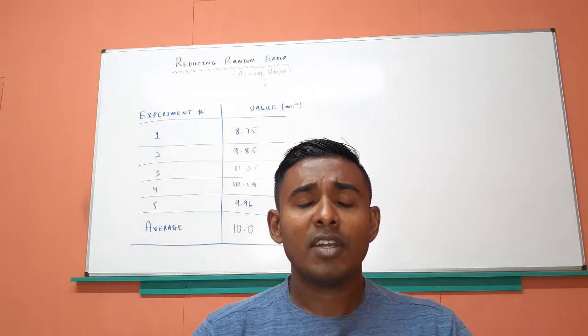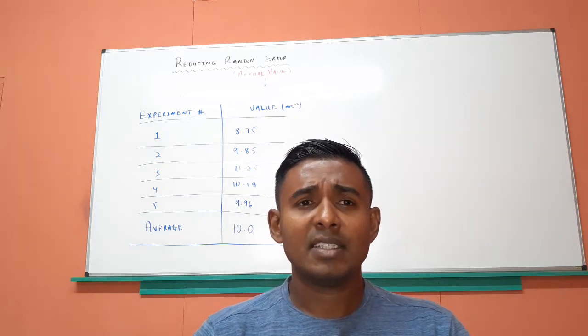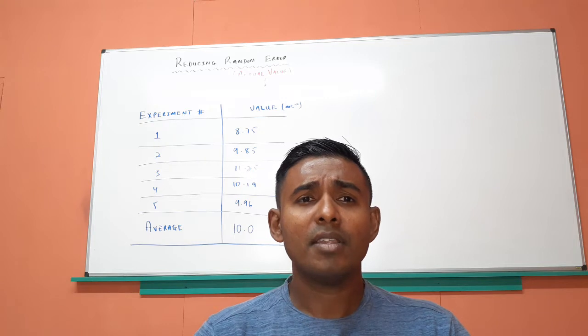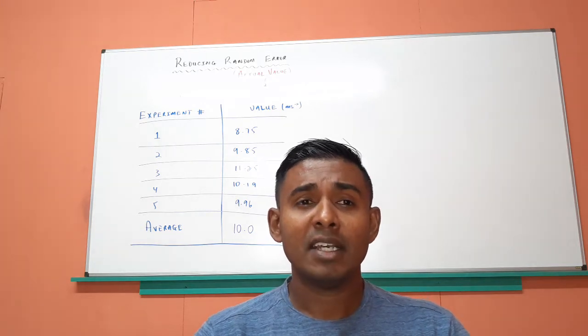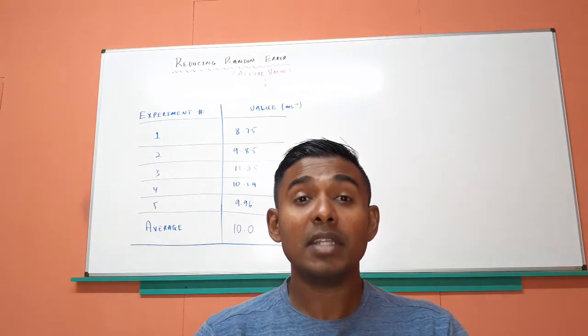The other class of error that we need to take a look at is that of the random error. Random errors occur, as the name suggests, at any time, and very often they cannot be predicted, and as a result cannot be eliminated.